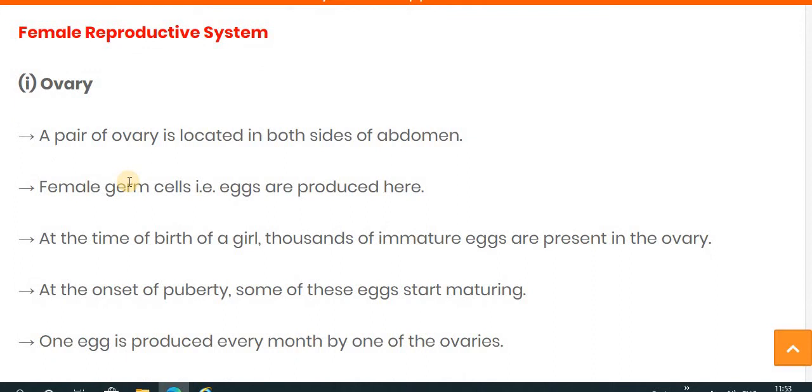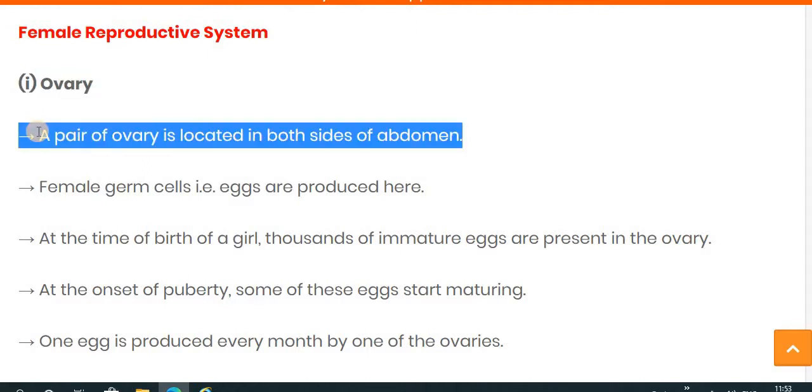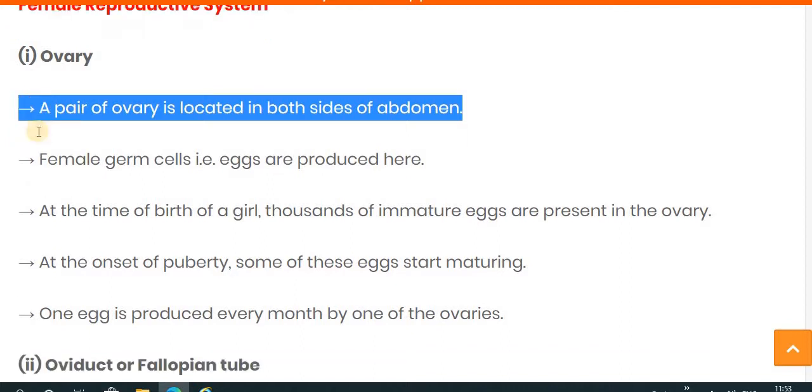After that we have seen the female reproductive system. The main organ of the female reproductive system is the ovary. A pair of ovaries is located on both sides of the abdomen, and the female germ cell, the egg, is produced here.